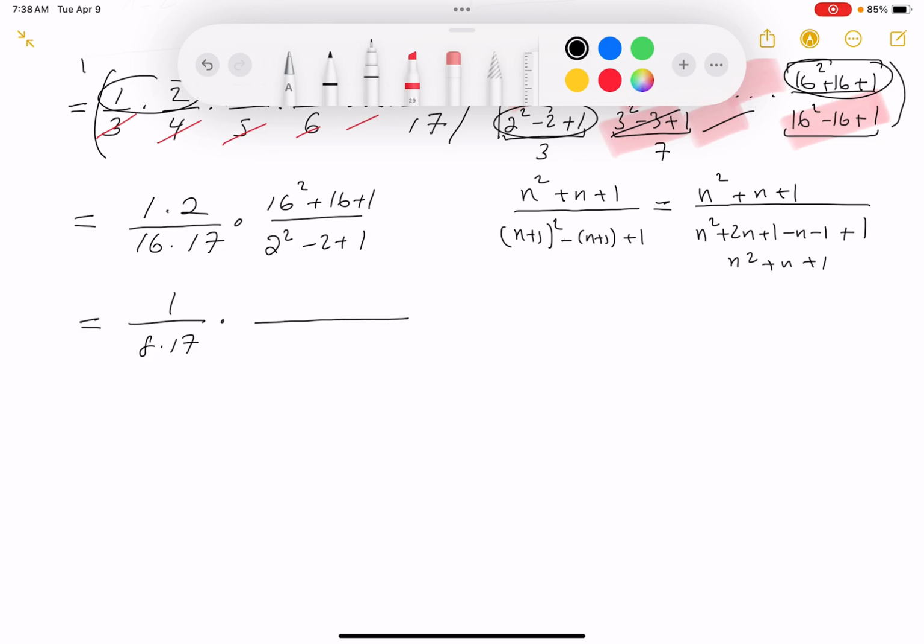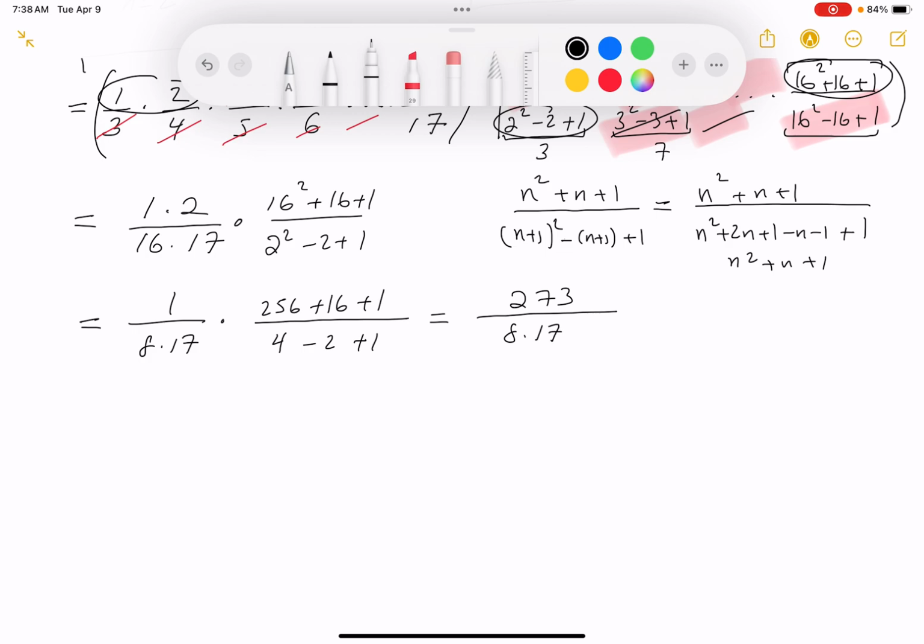So 16 squared is 256, plus 16 plus 1. 2 squared is 4, minus 2 plus 1. Well, it looks relatively simple at this point. 256 and 16, 272, 273. Yep. Then I get 8 times 17.